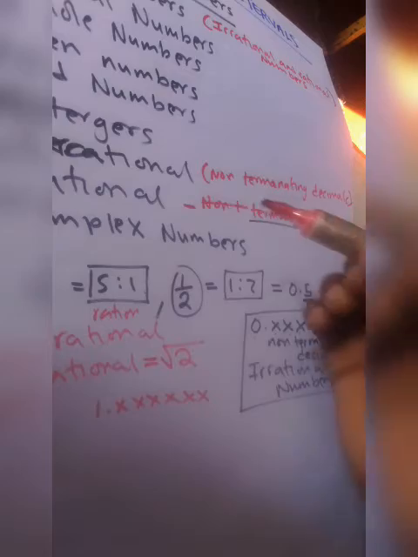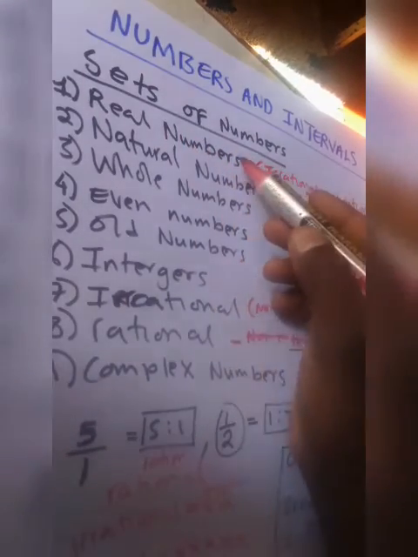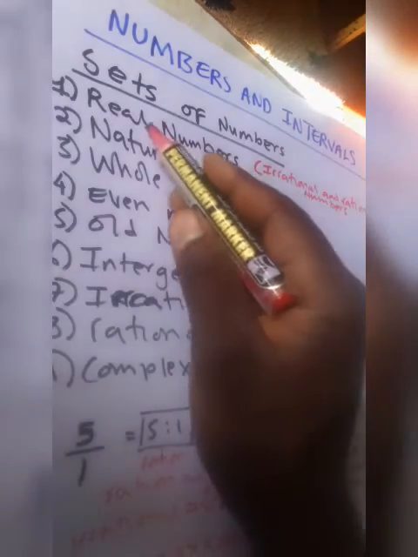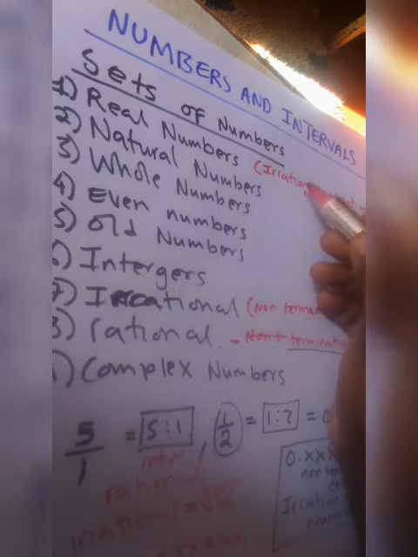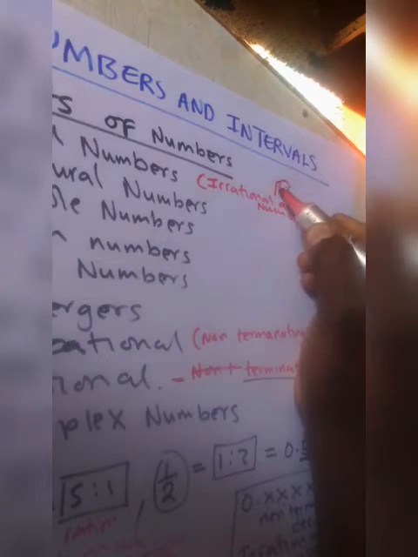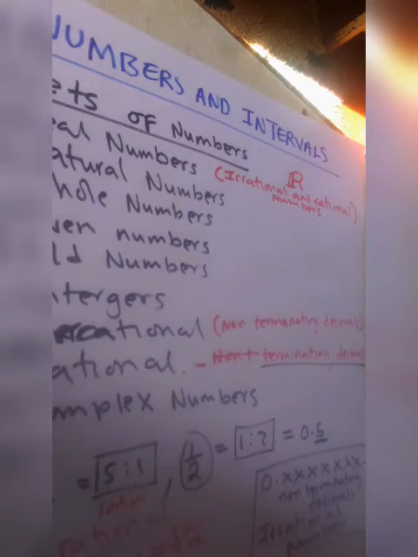That's what it means when you say rational and irrational. So defining real numbers, you combine both irrational and rational numbers. Those are real numbers. And know that real numbers are represented by the capital letter R, like this. That's the symbol for real numbers. Let's proceed.